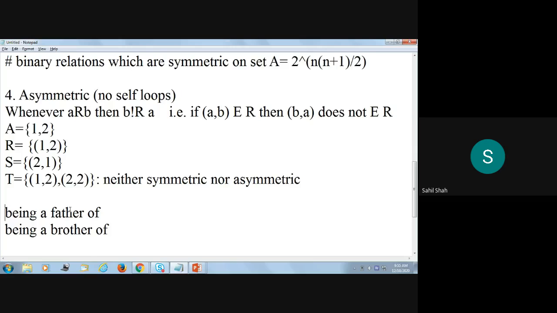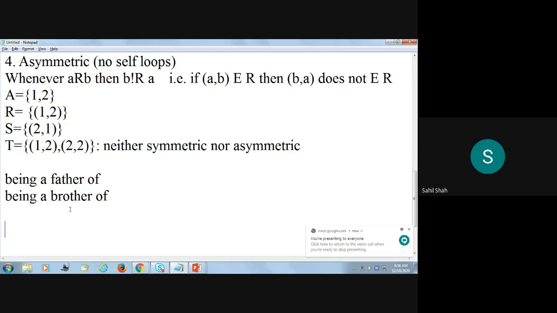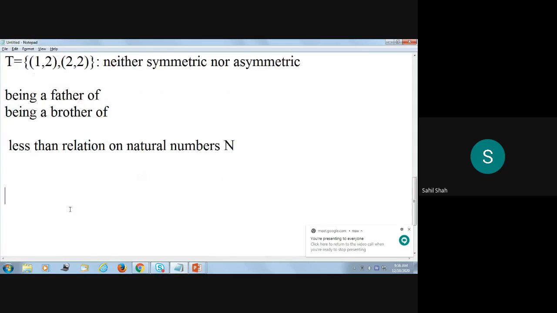Any example from mathematics? So, example from mathematics, I will say less than relation on set of natural numbers is asymmetric.